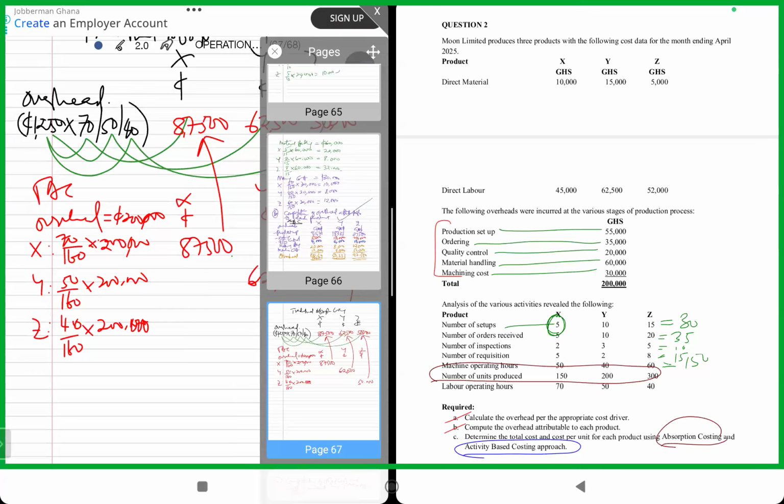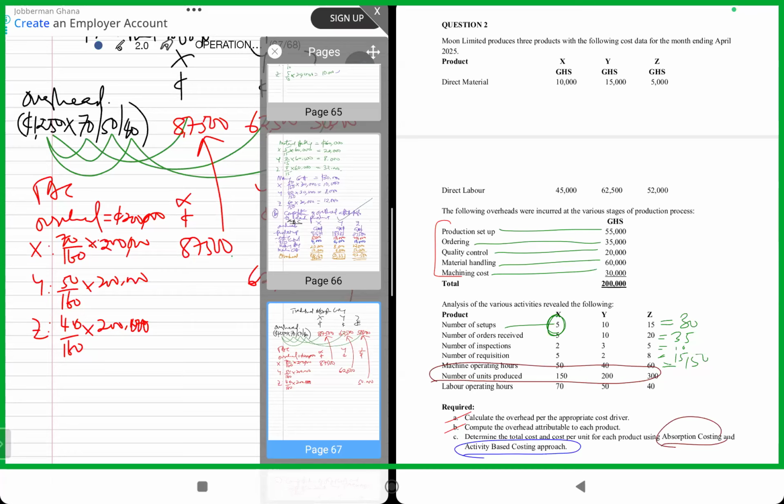For Y, 50,333 under activity-based, and 62,500 under traditional absorption. For Z, 50,000 under traditional absorption, and under activity-based cost, 92,500. So they will never be the same.